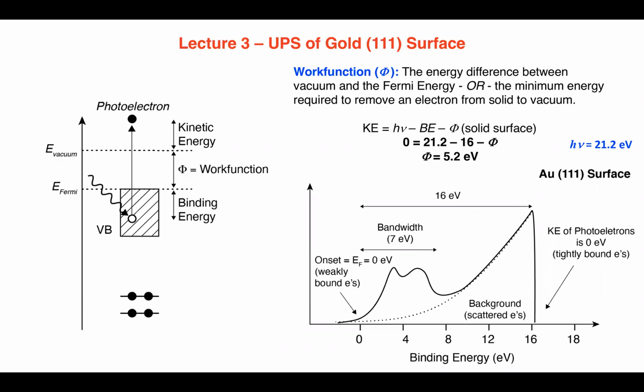So when you do this photoelectron spectroscopy measurement, what you'll find is that at some energy you begin seeing photoelectrons produced, and that minimum energy here is referenced to 0. The electrons that are highest in the solid come out the most easily because they have the lowest distance to travel. They just have to go from the very top up to the vacuum level. And then you go deeper in energy, so the electrons are becoming more and more strongly bound.